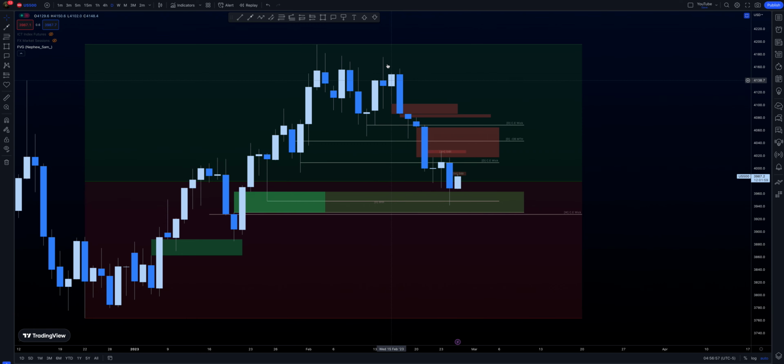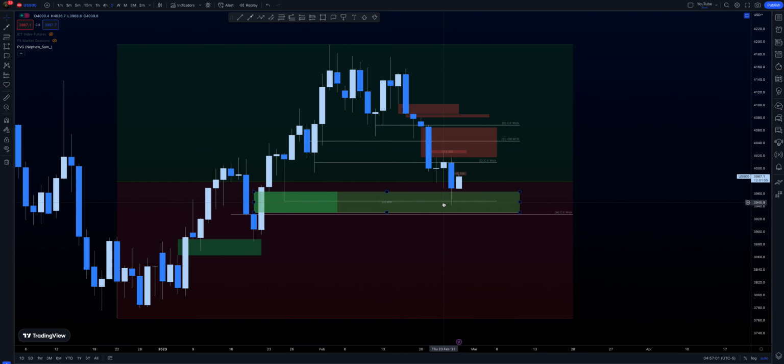So in terms of the overall movement on the daily time frame, do we actually want to move higher into this region to mitigate some of this inefficiency? It is a little bit too early to decide on that direction.